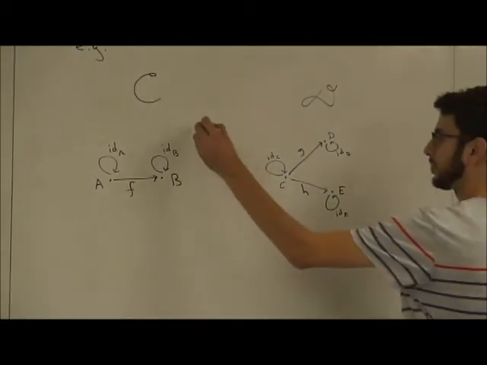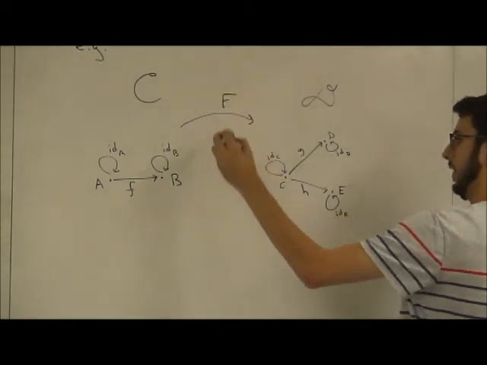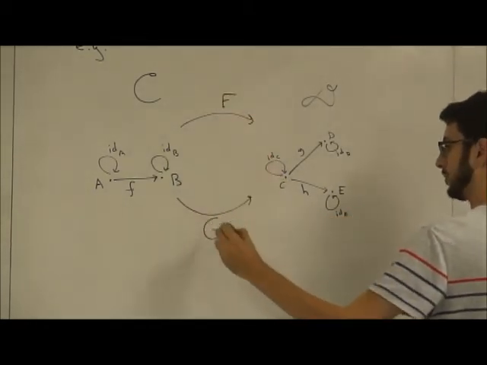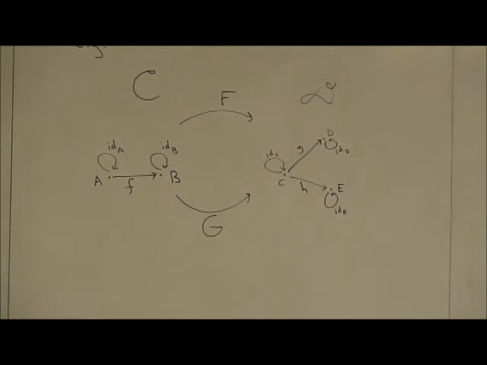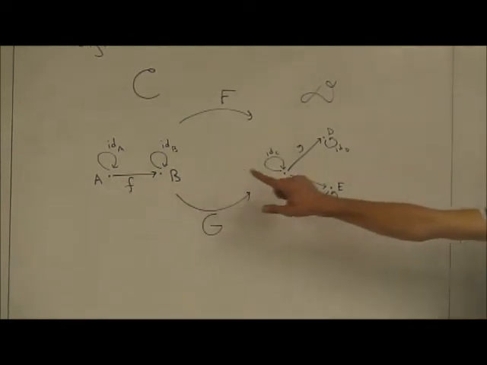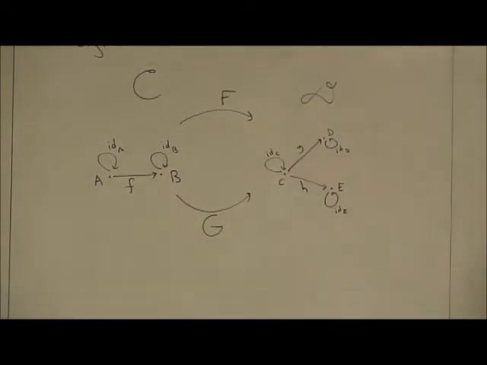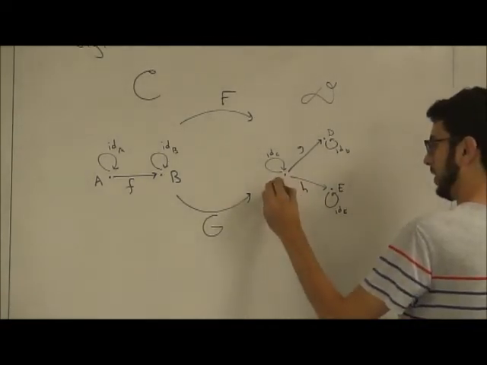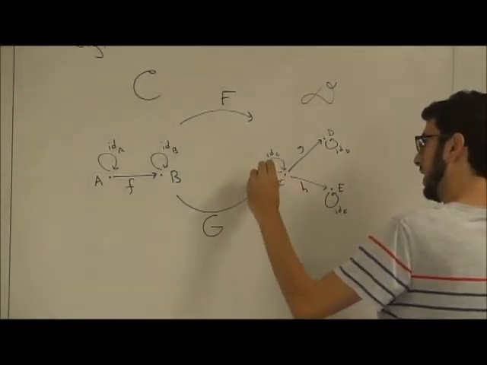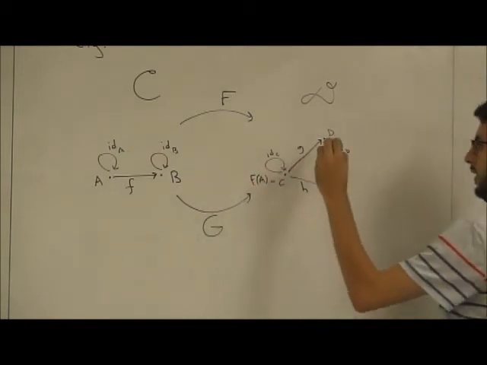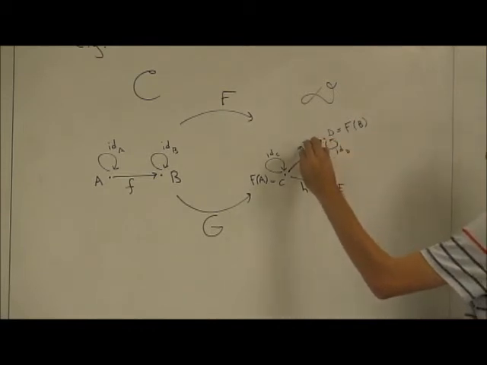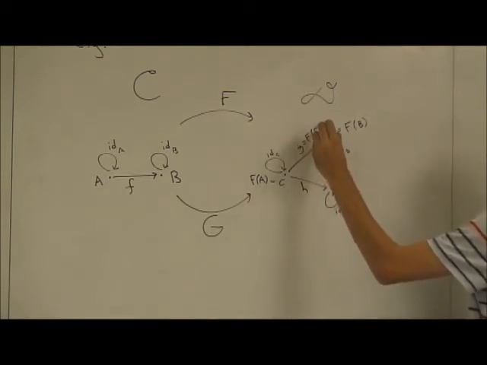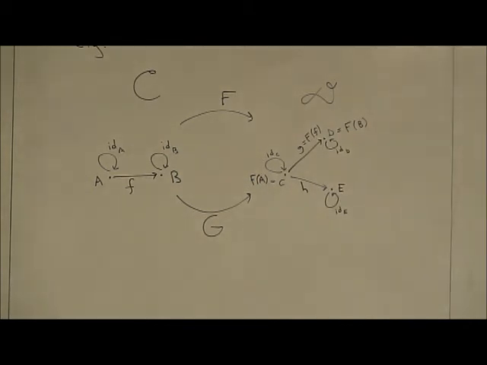So let's take capital F and capital G. And what will capital F do? Well, let's say it just takes this morphism here and lays it on top of our top morphism here. So C is going to be big F of A. D is going to be big F of B. G is going to be big F of little f. Okay.